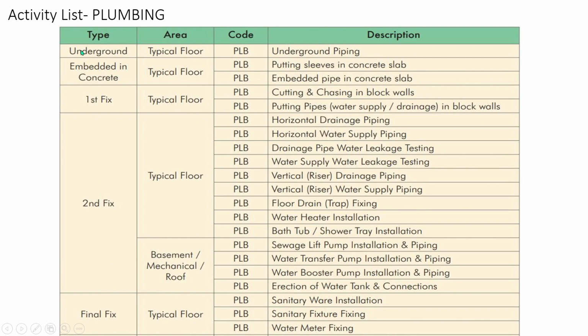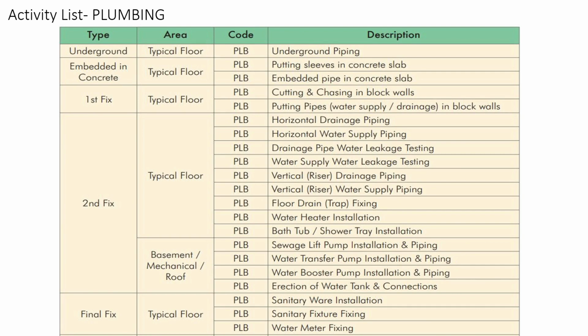When it comes to underground, typically we will be having the underground piping in order to supply the water inside the building. The next one is embedded in the concrete, which will be kept inside the concrete. The pipes or any other material which shall be kept inside the concrete or during the precasting. So we have to install sleeves before the civil department do the concrete casting.